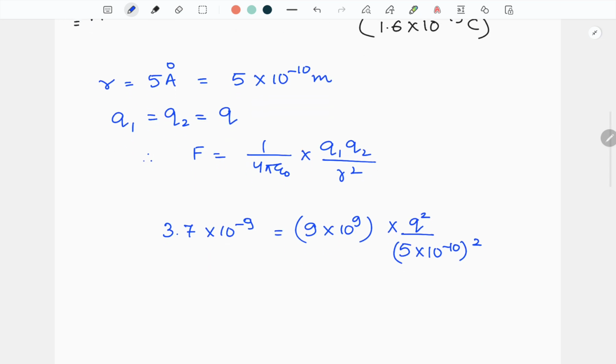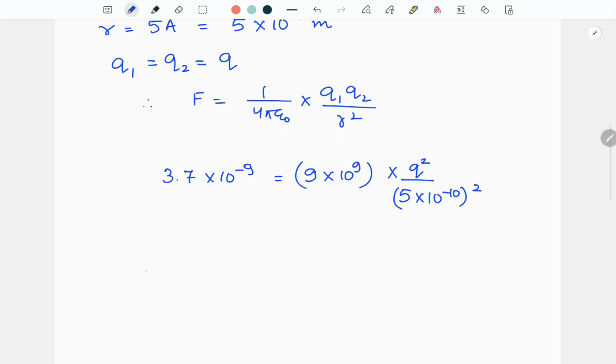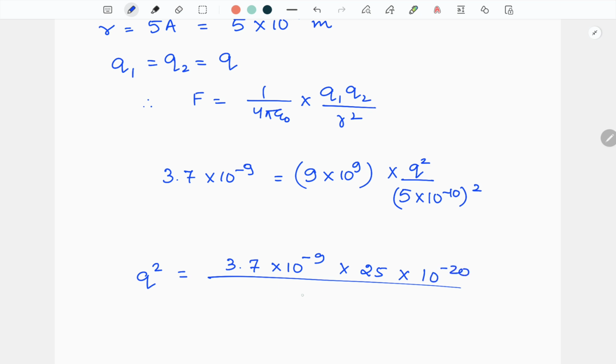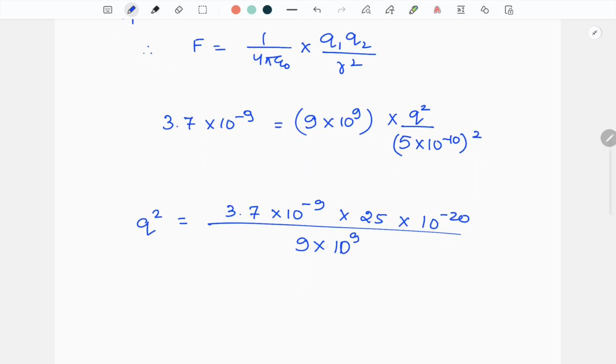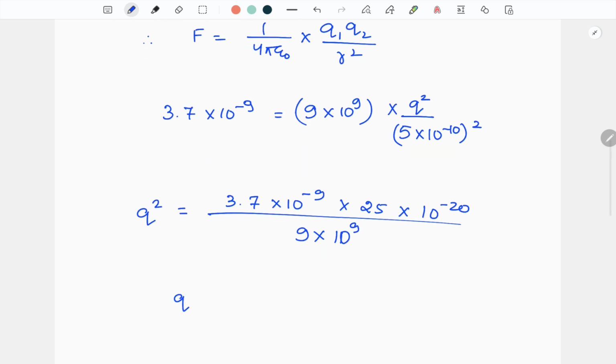Now ultimately we have to calculate the square root only, so let us first rearrange these things. q² will be equal to 3.7 × 10^-9, and this 5 squared becomes 25, 10^-10 squared becomes 10^-20, and the 9 × 10^9 will come in the denominator. Overall, this becomes 3.7 × 25 divided by 9.